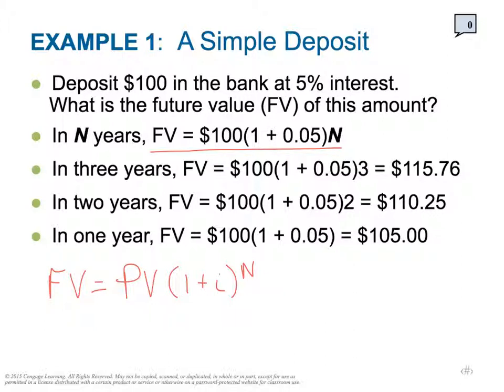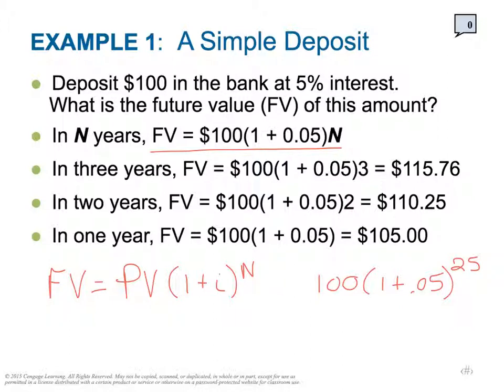So we could easily go out 25 years if we wanted to. Let's do the future value of this $100 over 25 years, because it's not in our example. If I invest $100 at 1 plus 0.05 to the 25th power, and you have a y to the x key, you could easily use that on a calculator.